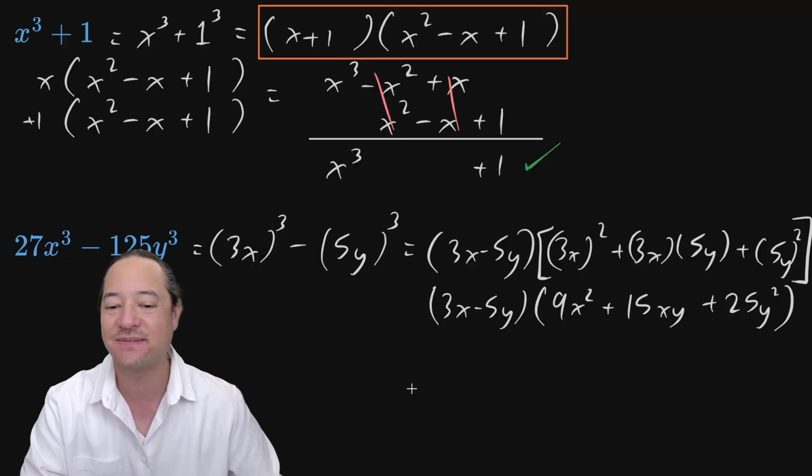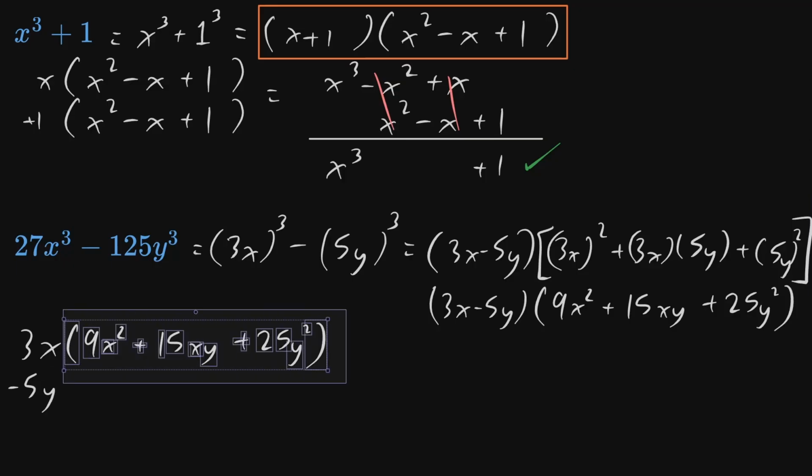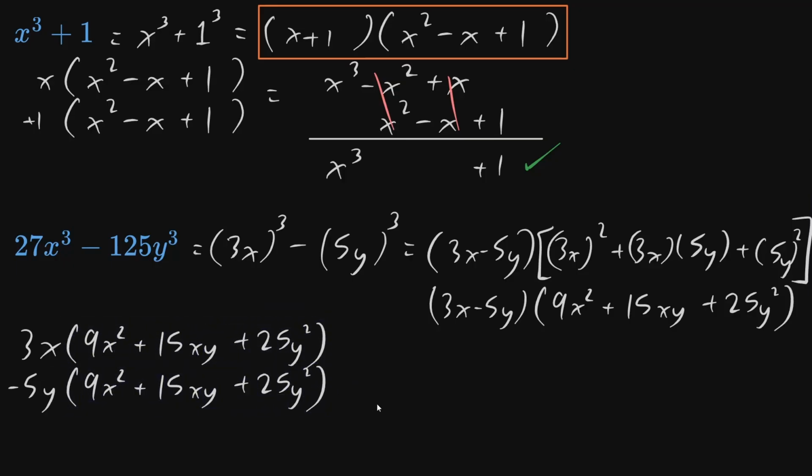Now let's check it. We'll have a 3x multiplied by this, and then a minus 5y also multiplied by this. Okay, it's getting a little bit messy, but I should be able to do it. Let's just draw a line here.